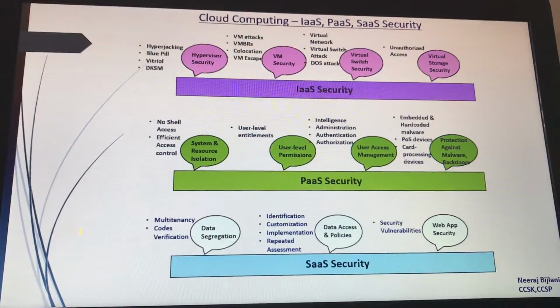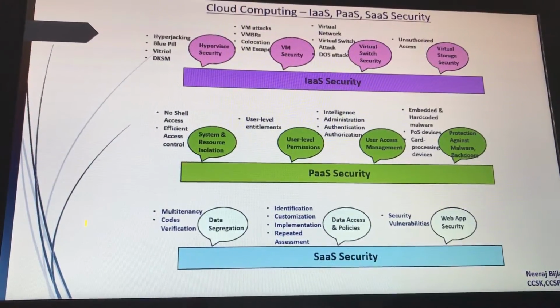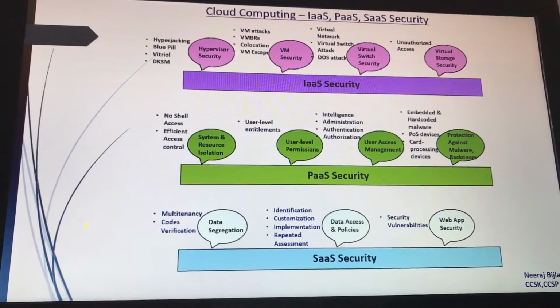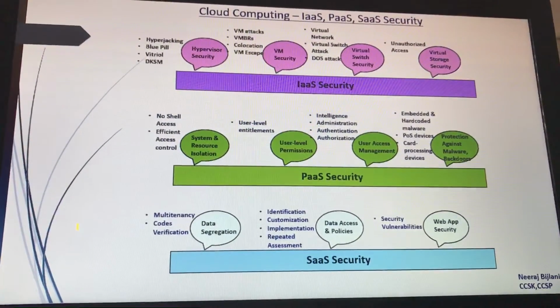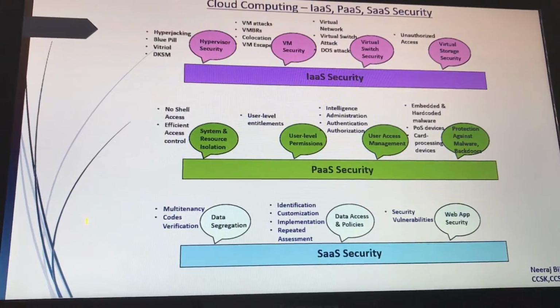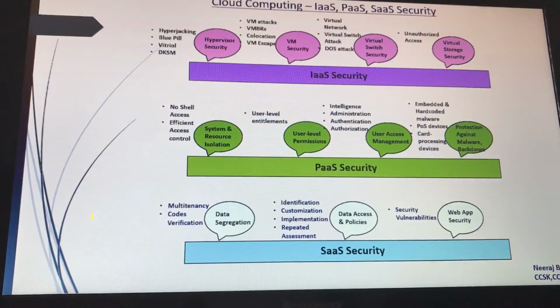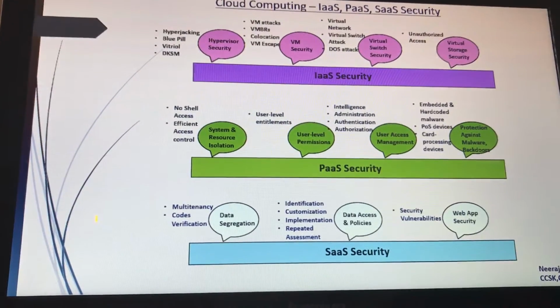So there are many components that we need to secure in the IaaS security model, like all the underlying infrastructure that IaaS service providers, CSPs, provide. The main components are hypervisor security, VM security, virtual switch security, and virtual storage security.